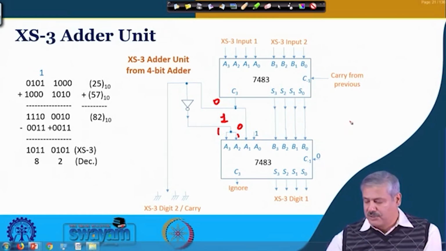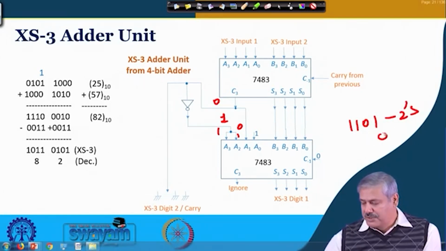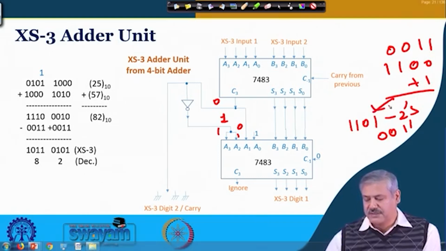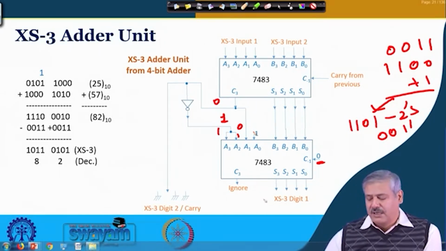This 1 1 0 1 is the 2's complement of 0 0 1 1, okay. Remember that, right. So, 0 0 1 1, 1's complement is 1 1 0 0, plus 1 is the 2's complement, which is this. So, we do not need a carry in over here in the adder, because it is already there, okay, right. And then we do 2's complement addition and we get the subtraction done.